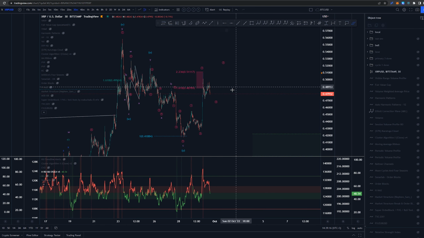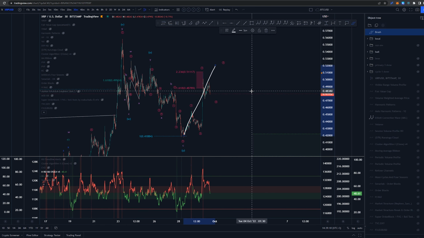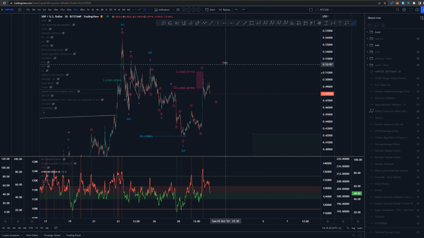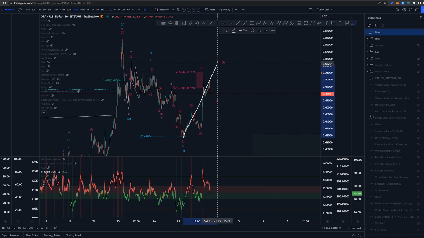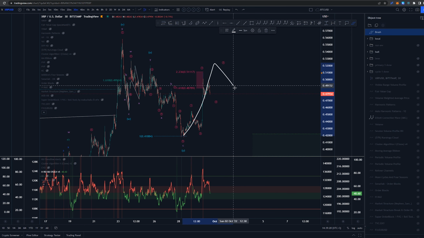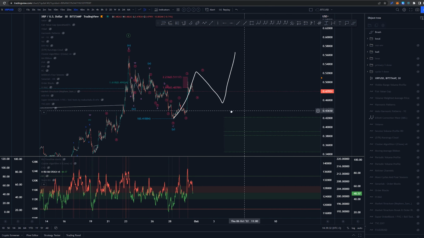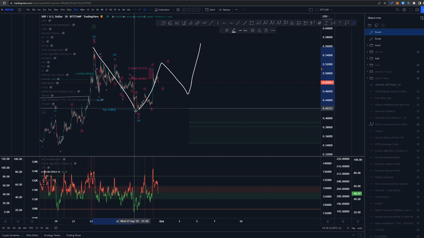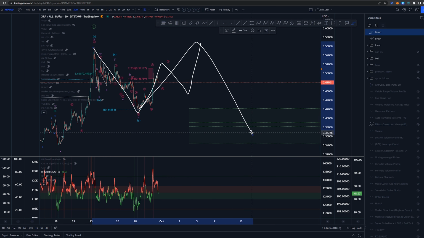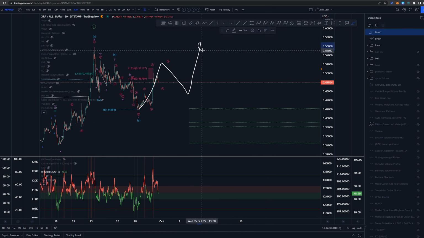Now, even if this is a 5-wave structure, there is also a possibility, and it is more likely to me, to have this as the wave A instead of wave 1, just because of the time. So we would be looking at something like this overall, creating an ABC structure upwards, then creating a WXY or an ABC structure, depending of course on how high this goes.